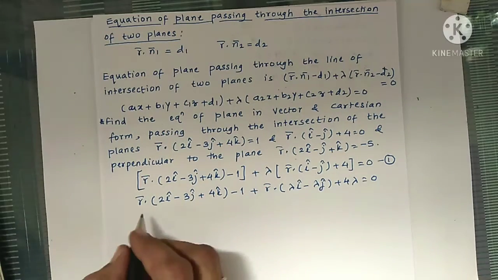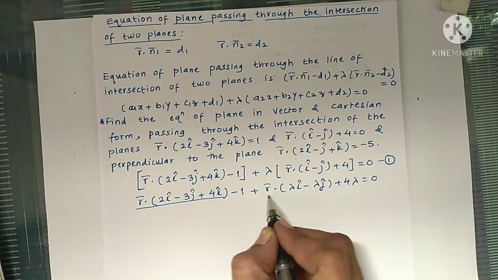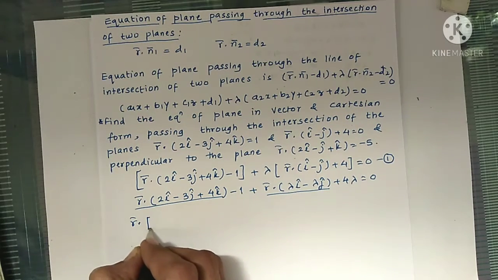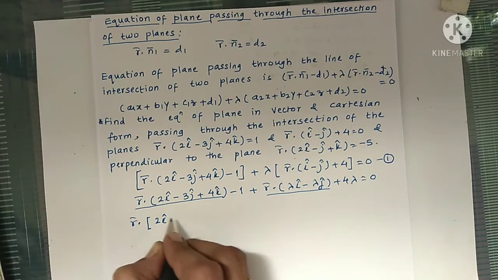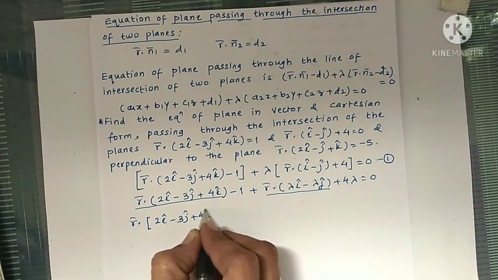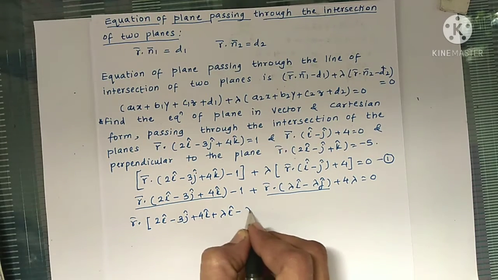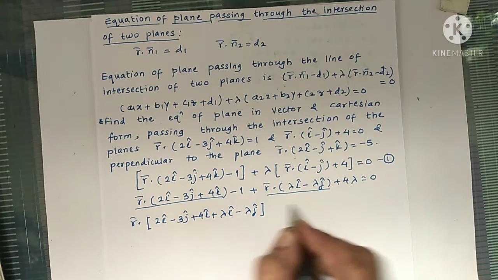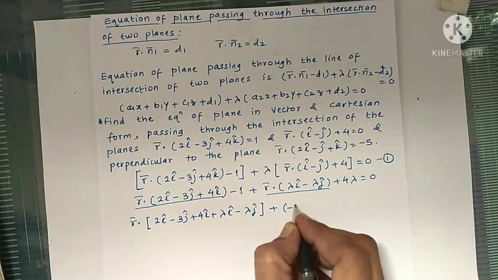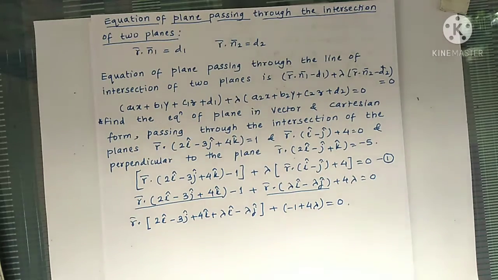Now in these two terms we have r bar dot, so let's take r bar dot common. We have r bar dot (2i cap minus 3j cap plus 4k cap plus lambda i cap minus lambda j cap), and the constant is minus 1 plus 4 lambda, equal to 0.